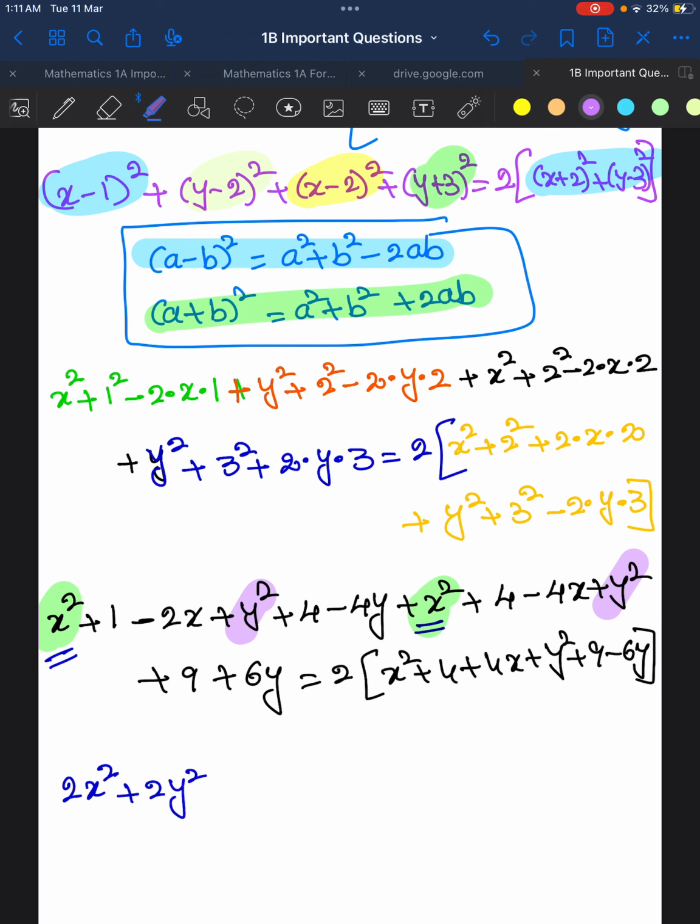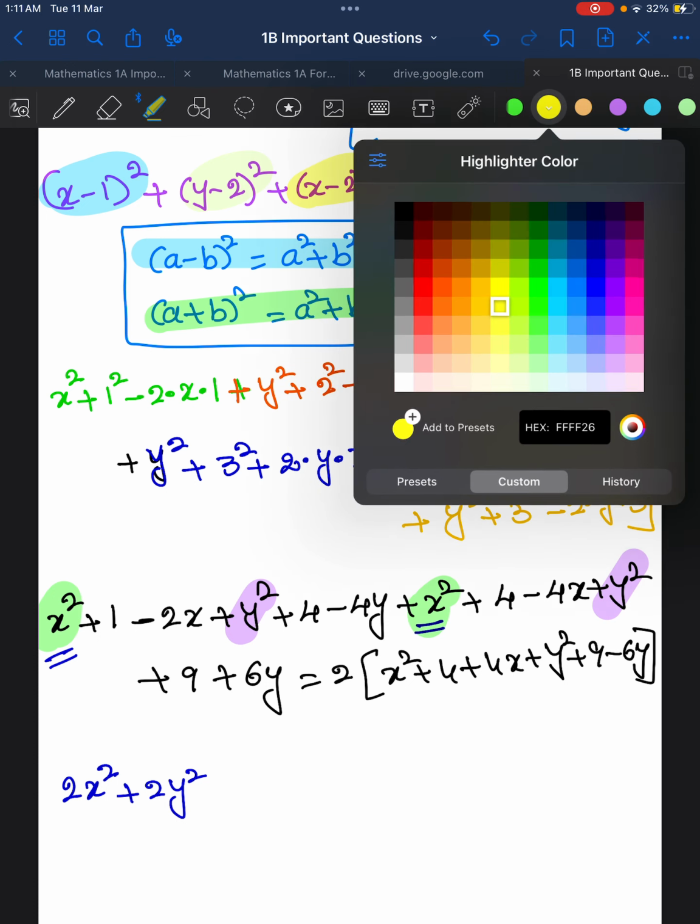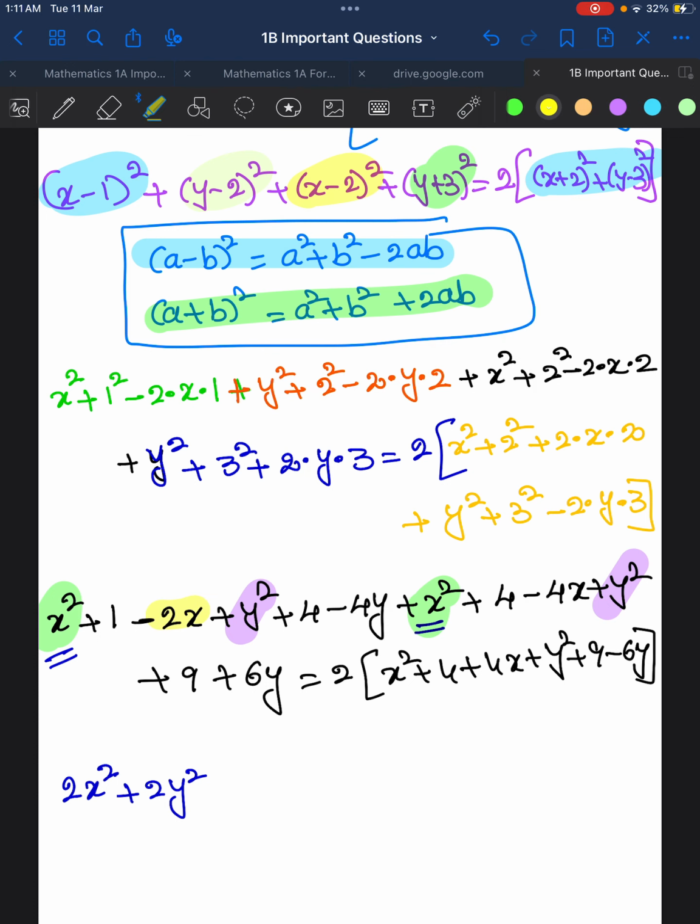Okay. Next, after writing 2y square, we are left with what x terms we are taking. x terms means minus 2x minus 4x. It will be minus 6x I am writing. Minus 2 minus 4, minus 6x. Next, y terms I am checking. What are y terms here? Minus 4y and here it is 6y.